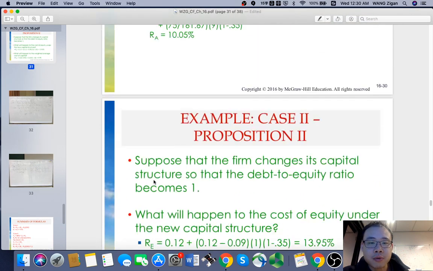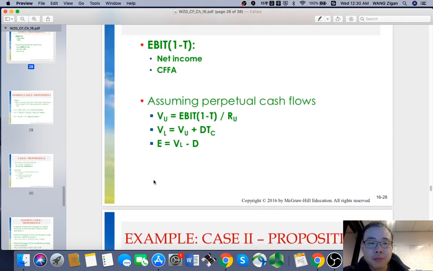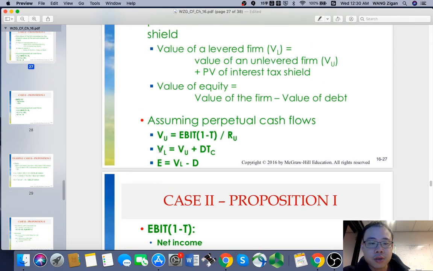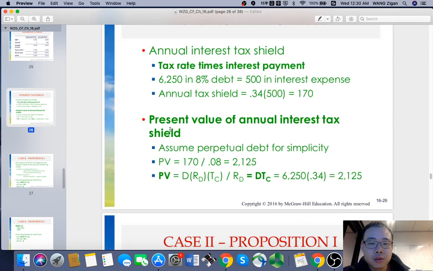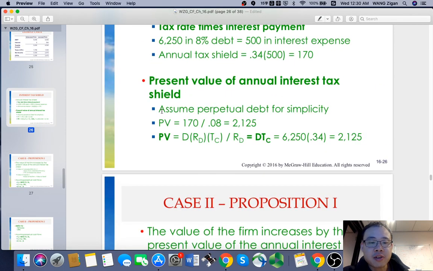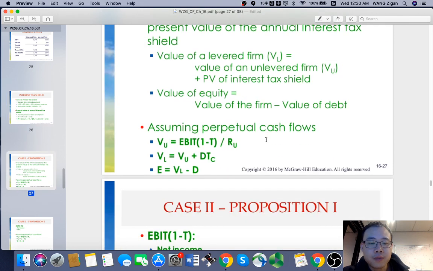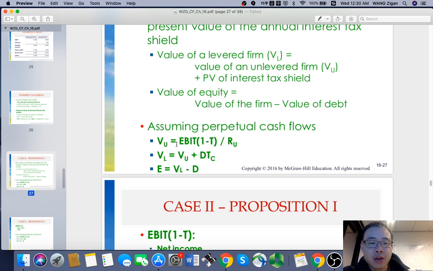So let's take an example. Look at the example. Here is the same as what I said. The present value of the tax shield is DT, okay, DT. And the unlevered firm value is per period income divided by RU. And the levered firm's value will be the unlevered firm's value plus DT, the present value of the tax shield.